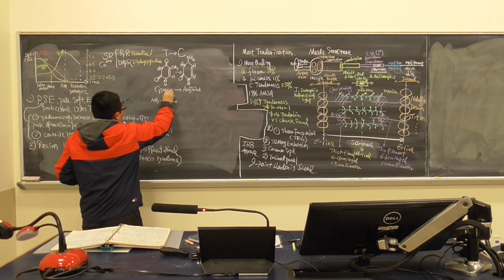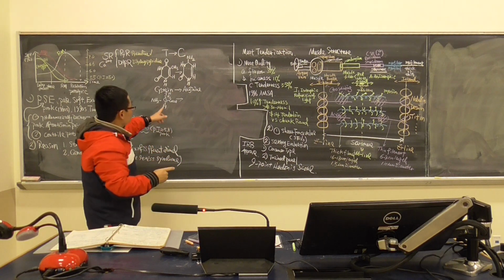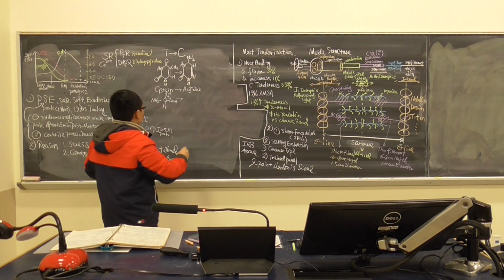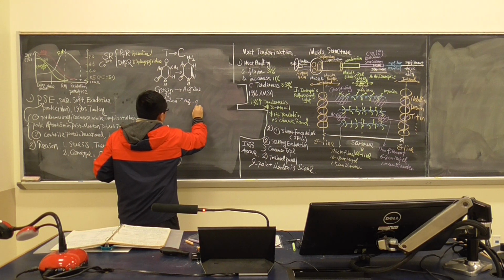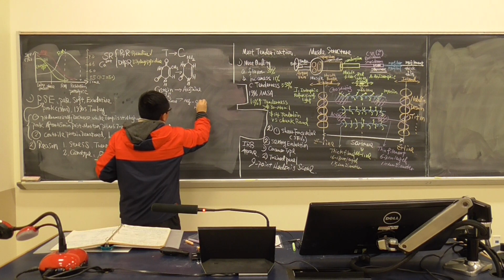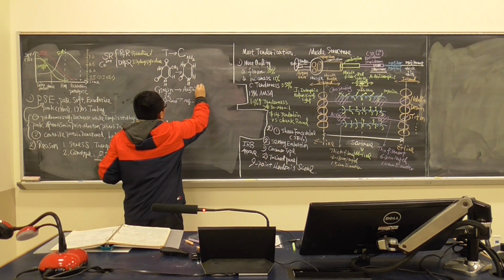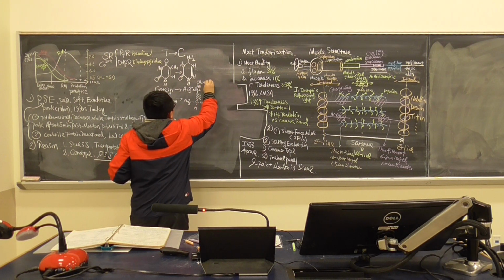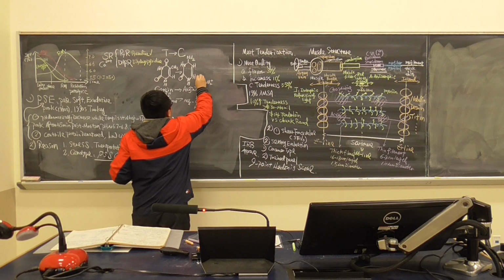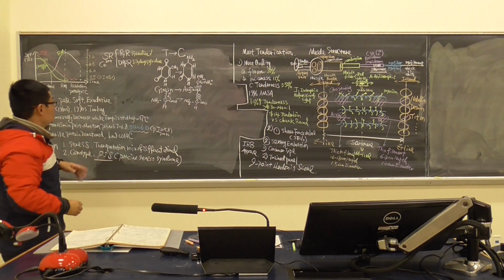CH2, SH, then it becomes arginine. So you can understand it's like a no-charge amino acid becoming a chargeable amino acid. And this is arginine: CH2, CH2, CH2, NH, CH2, NH2 plus NH2. So you see the structure is changed.